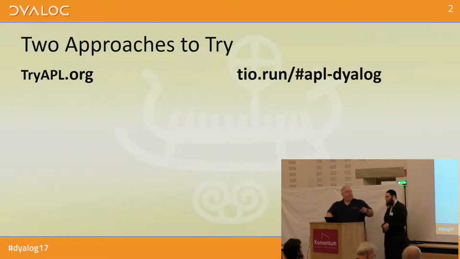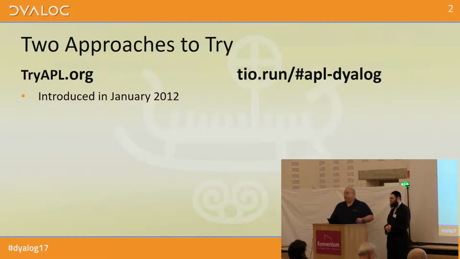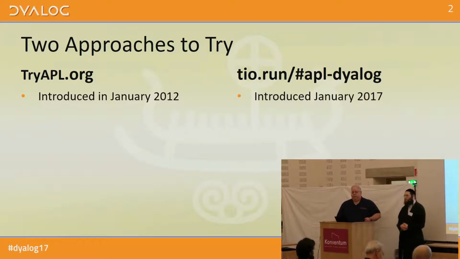So Adam and I are going to speak about two different approaches to trying APL online. I'll be speaking about Try APL, and Adam will be speaking about TIO. Try APL was introduced in January of 2012, whereas TIO has had APL since this January.